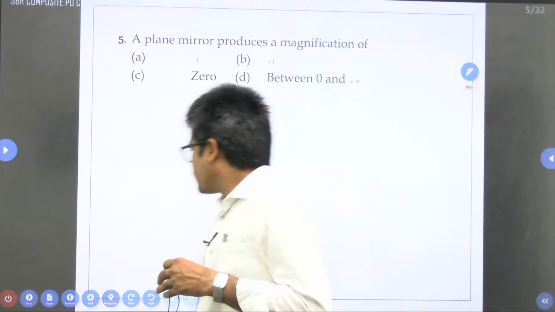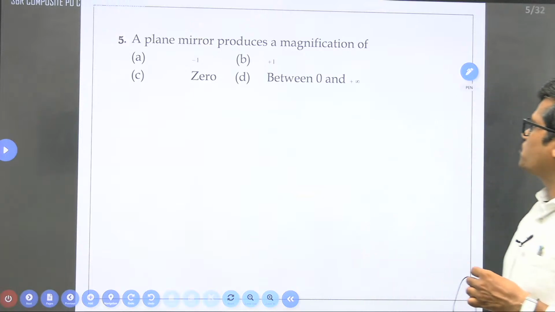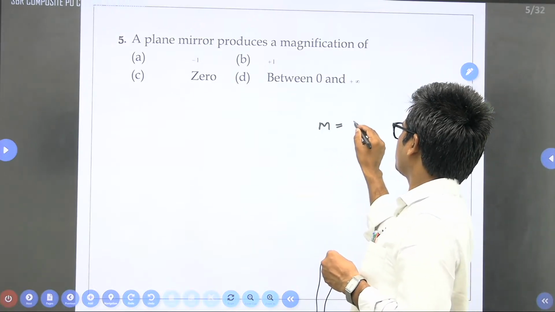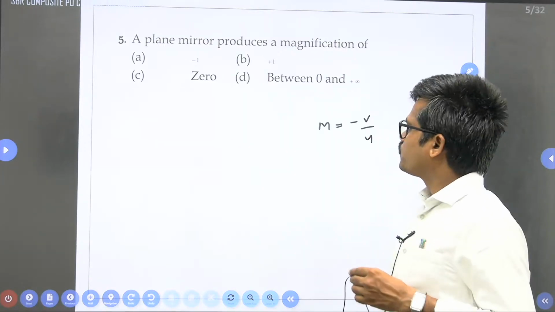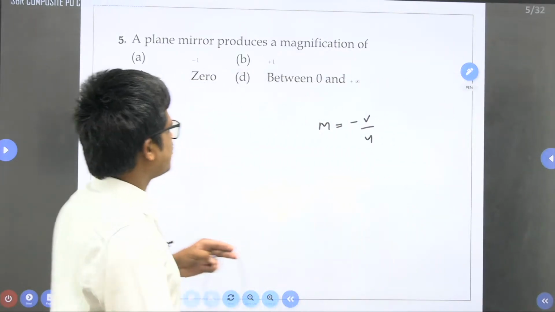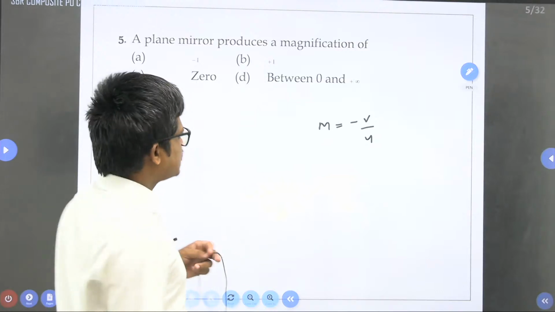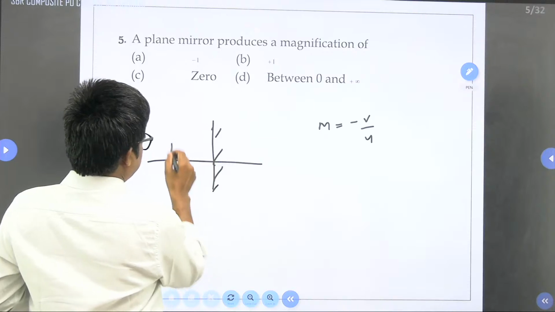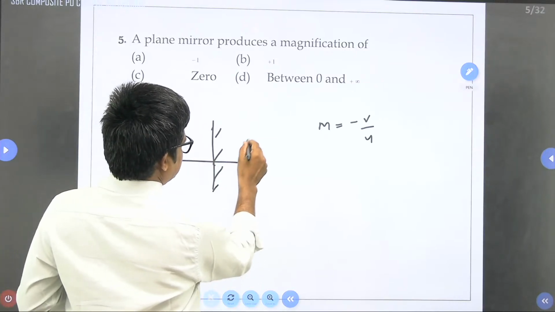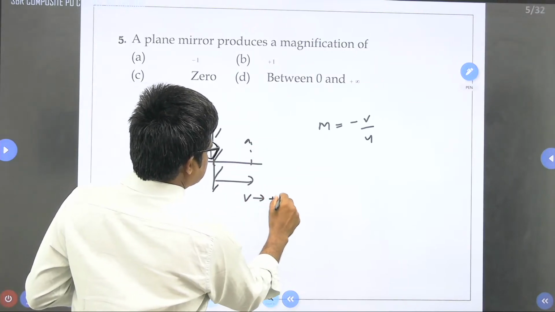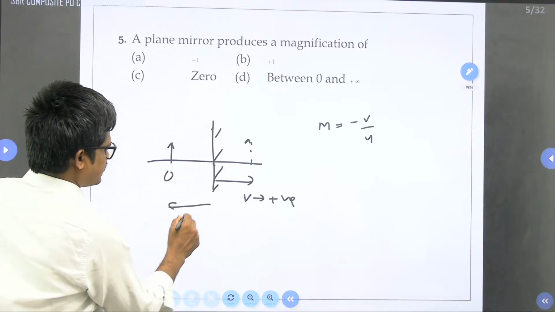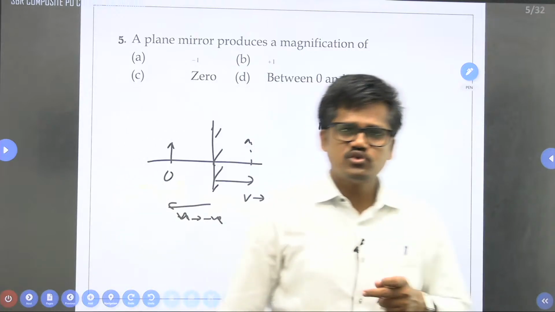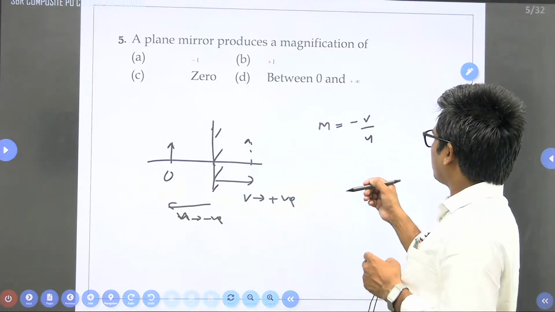Okay, now next, a plane mirror produces magnification of, what is the formula for magnification? Minus V by U. So for a plane mirror, a real object will produce a virtual image, no? If the object is here, the image is somewhere here. V will be positive, U is negative. Right or not?